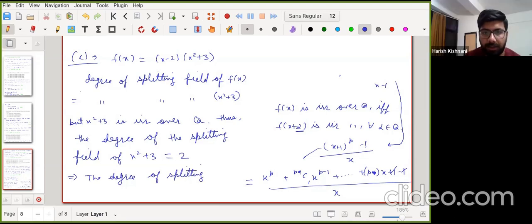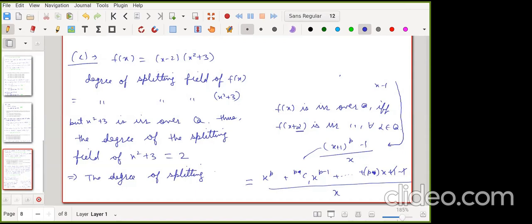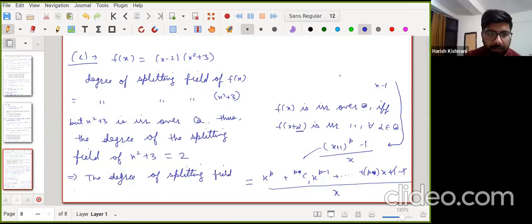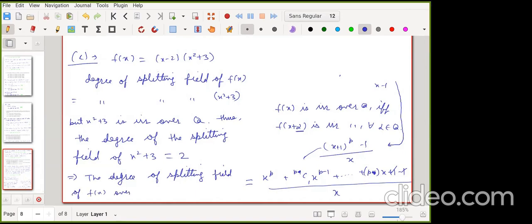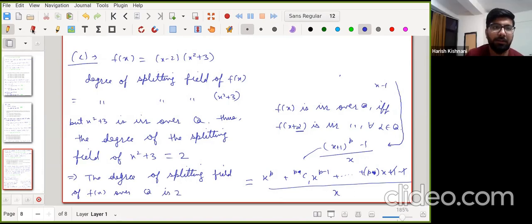So the degree of the splitting field of f(x) over Q is 2. So it's not 3, it's 2. That's why the option is false.